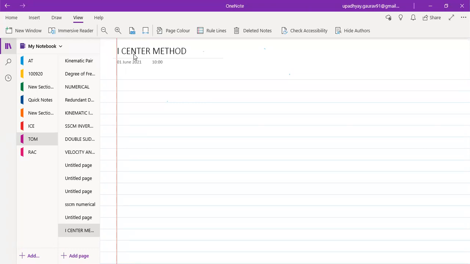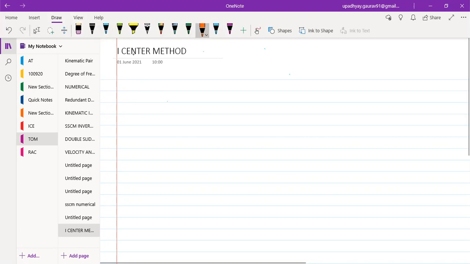First, we will discuss how this I center affects the mechanism and how we can locate the I center in any given configuration. Before that, a short note on velocity analysis.